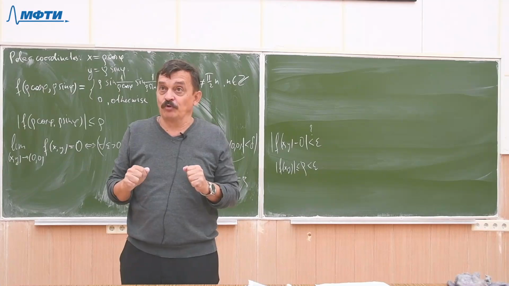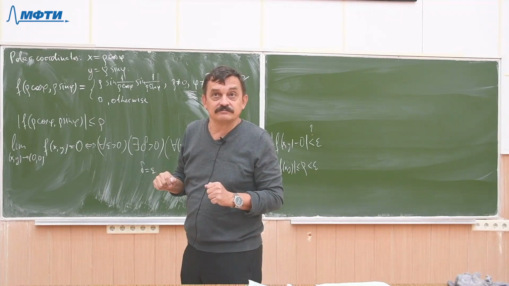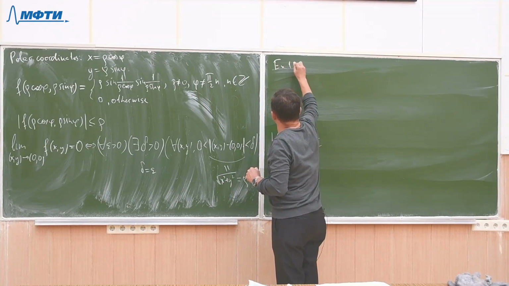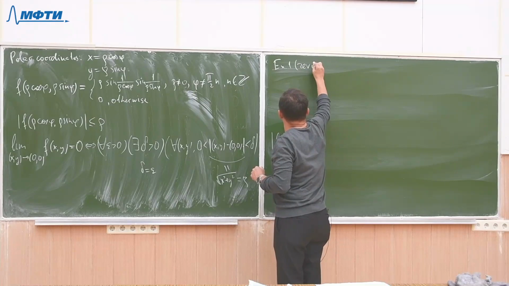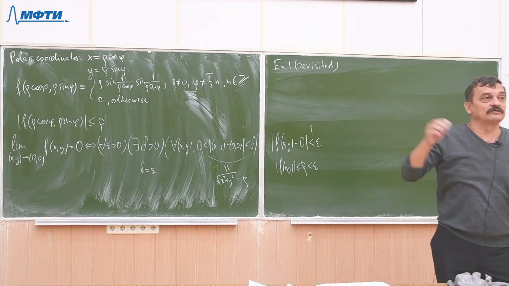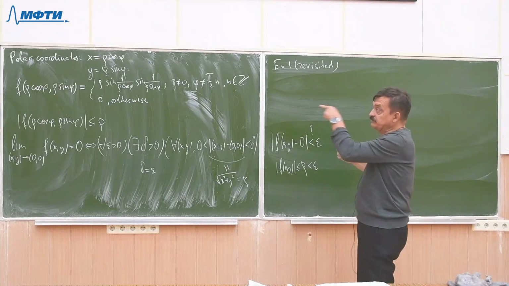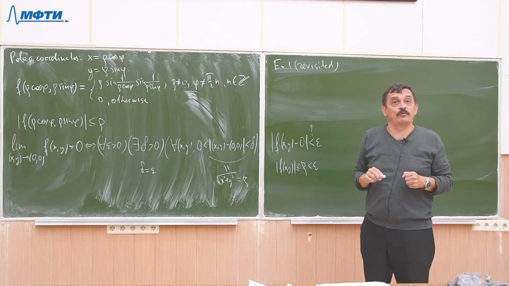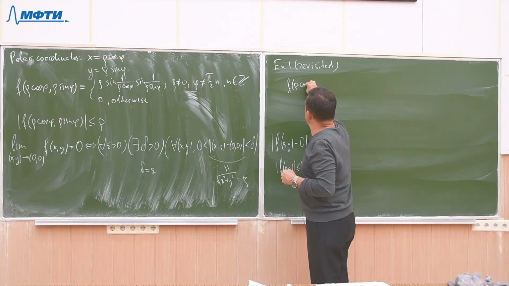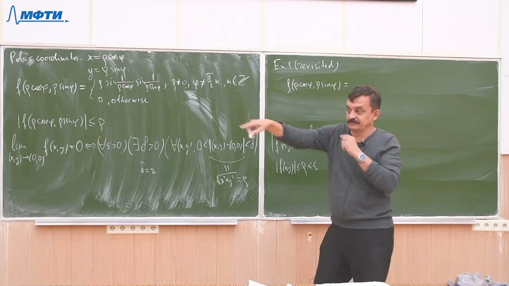Why is this important? Because return to example 1. So example 1, revisit. Look, if we try to use the same idea with polar coordinates, what is f of rho cosine phi, rho sine phi? Substitute.